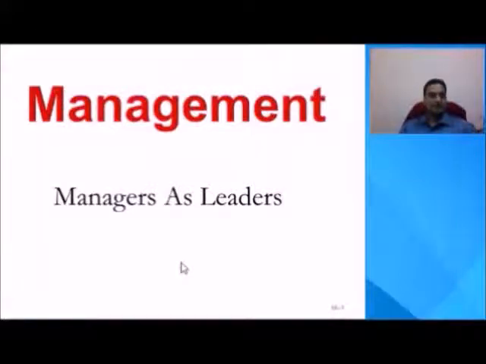Trait theories of leadership were essentially focused on distilling a few leader traits or preferable behaviors, saying that if a leader has these behaviors or exhibits these traits, they would become very effective.